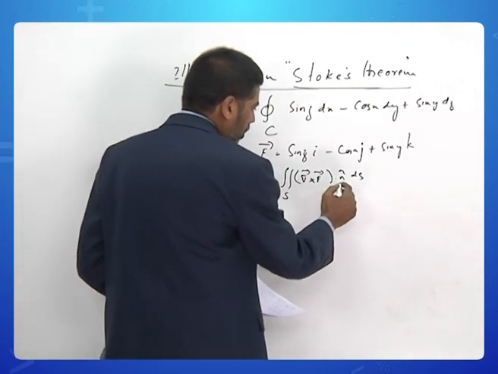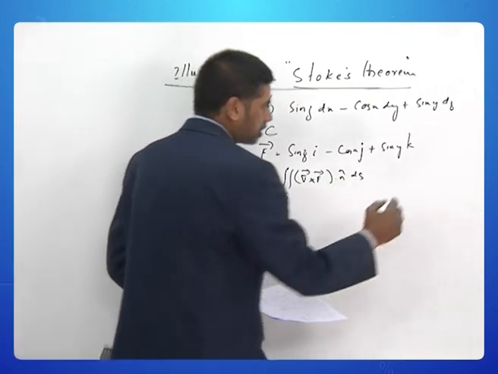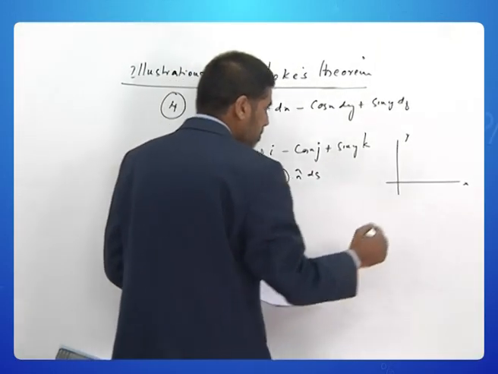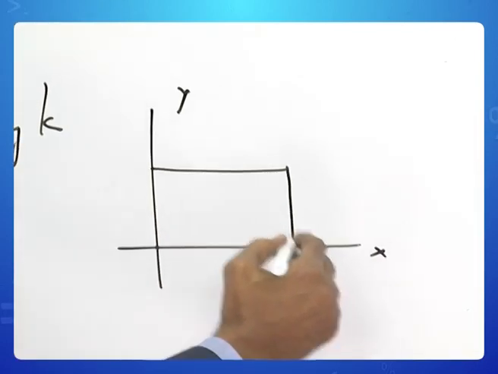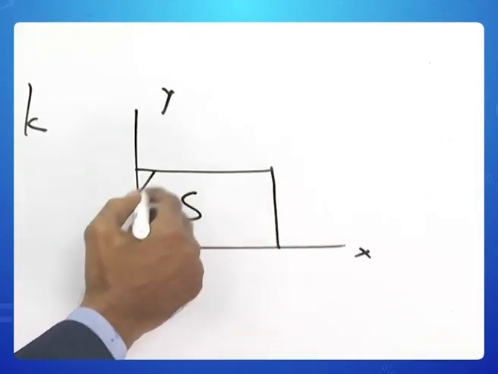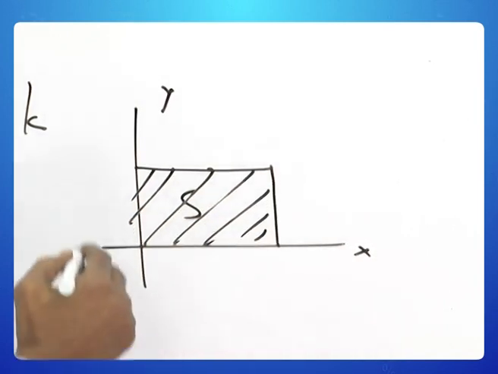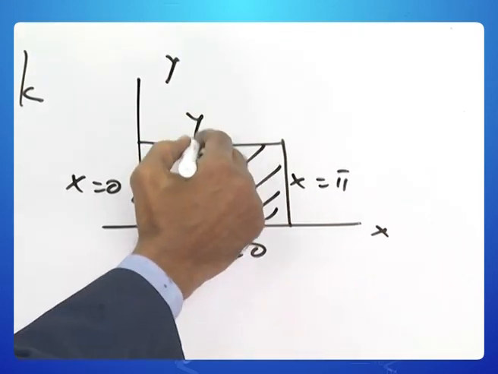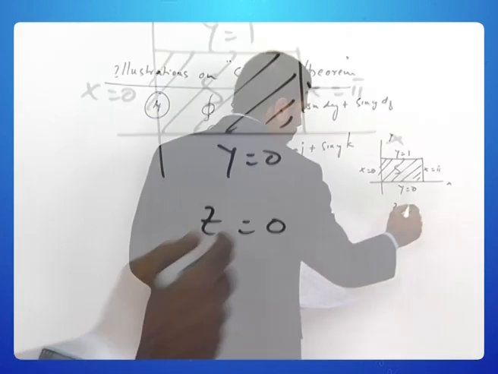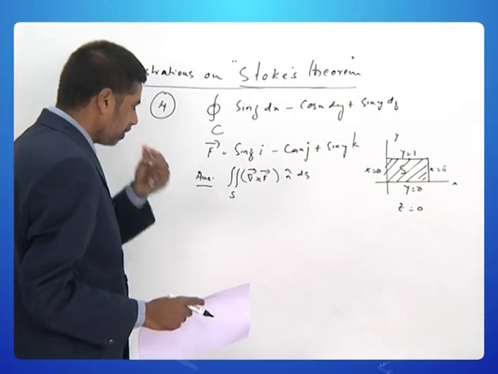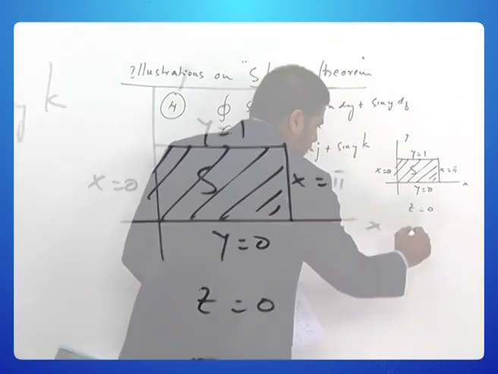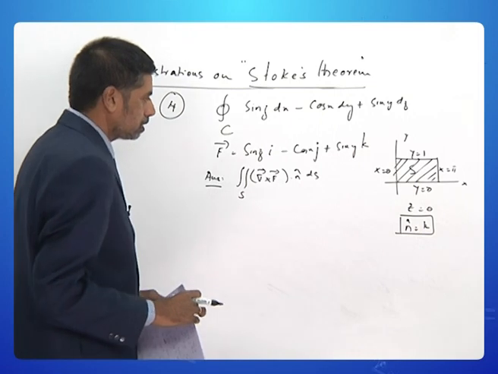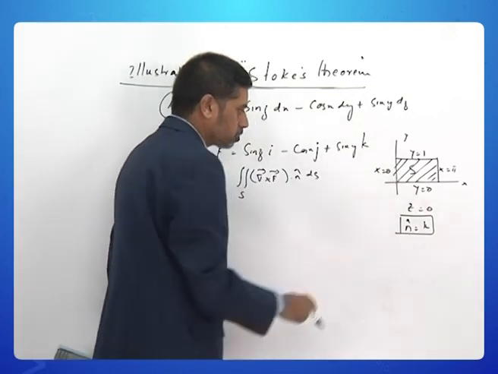And here the surface has been mentioned clearly as a rectangle with x is equal to 0, x is equal to pi, y is equal to 0, y is equal to 1 on the plane z is equal to 0. So therefore, n cap is equal to k, because the lamina is on the xy plane.